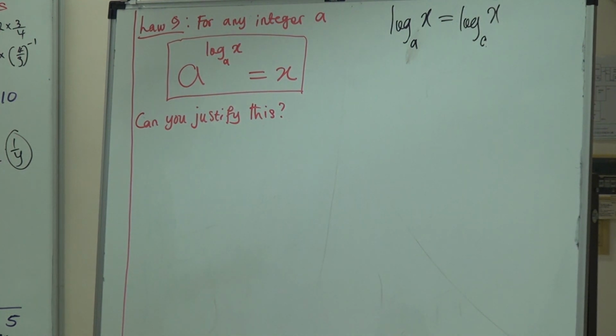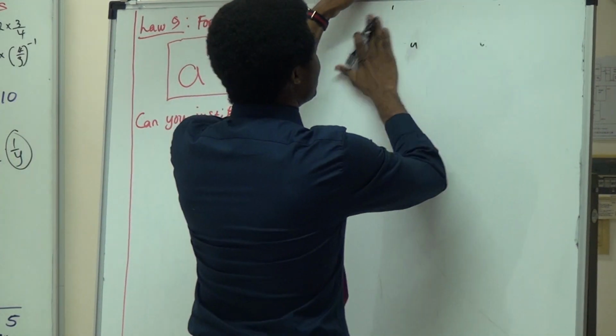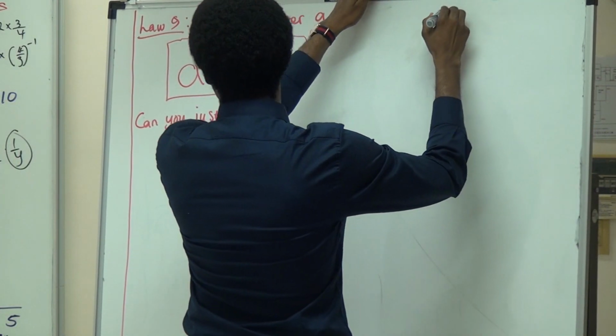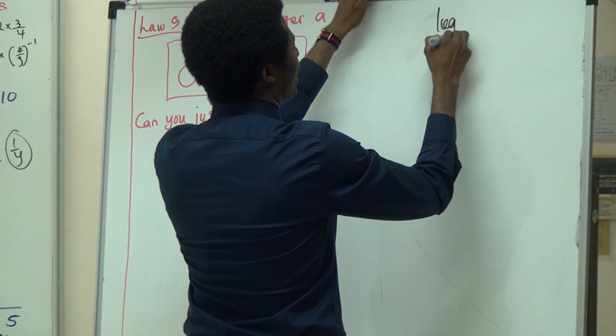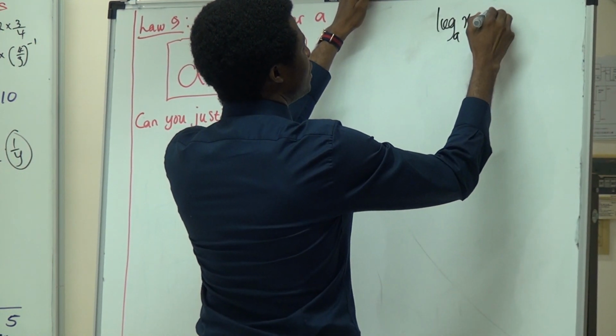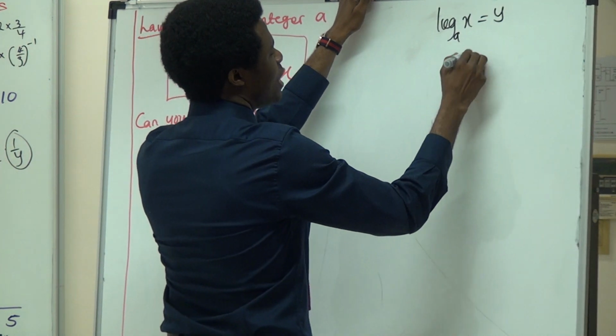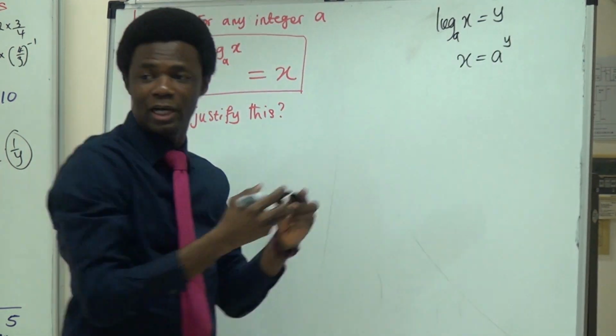There's a law that talks about how you can change a logarithmic expression to exponential form. Oh, 6. Everybody go to law 6. Are you in law 6? Okay, so in your law 6, can you tell me how I wrote it in your note? Log base a x equals what? y. Then I said this means x equals a to power y, right?